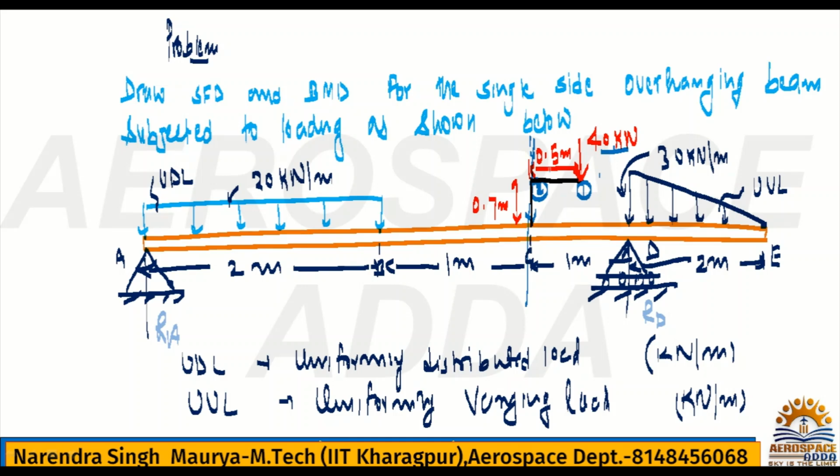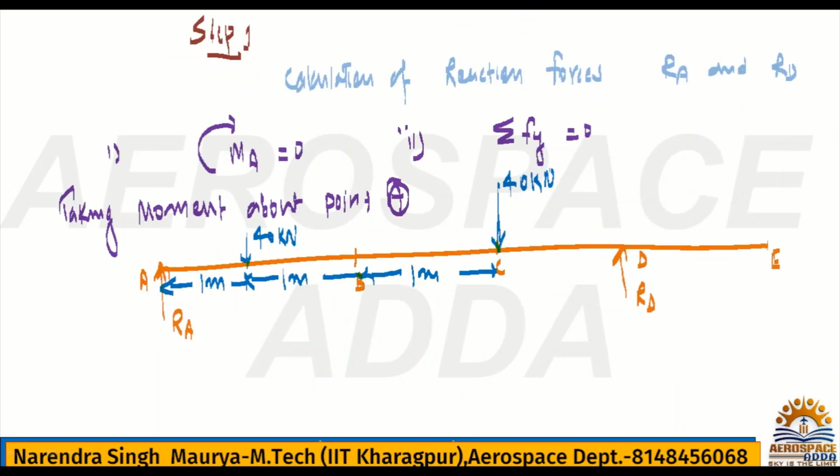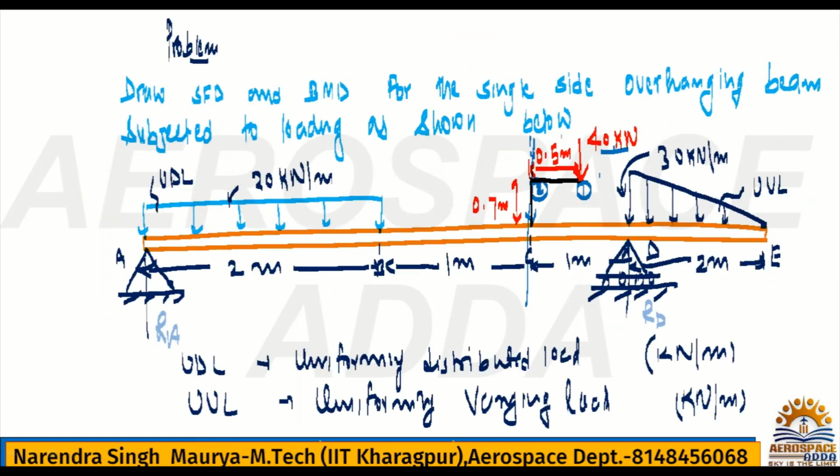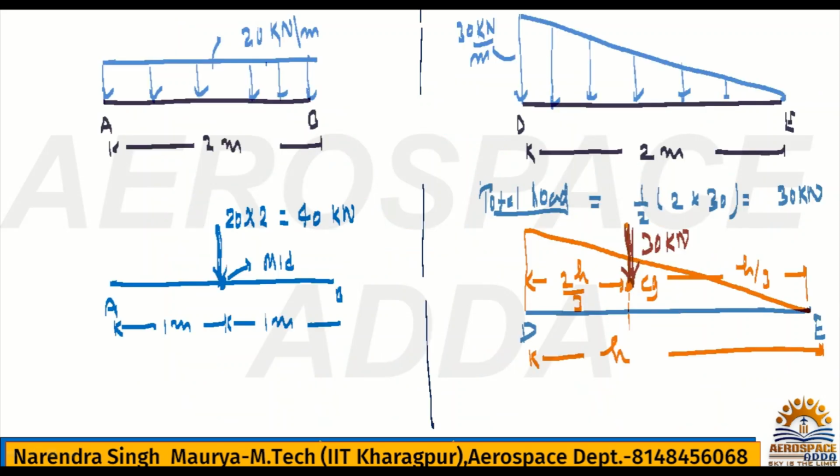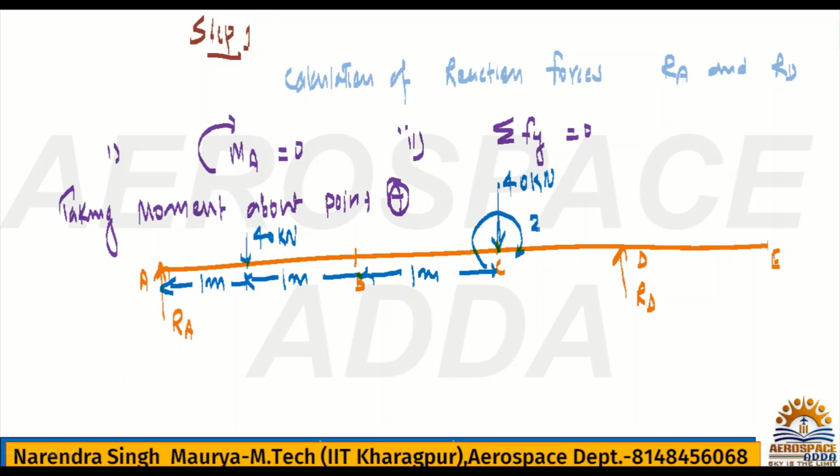So 40 kilonewton into 0.5 will give the moment, and that will be a clockwise moment. If you draw the circle, I told you how to check clockwise or anti-clockwise, so it is clockwise. 40 into 0.5 is nothing but 20 kilonewton-meter. That is the moment. So always remember, a bracket load will be replaced by a force and a moment.